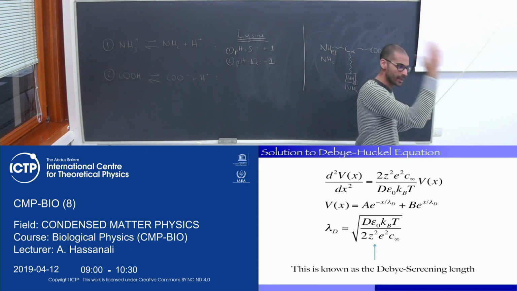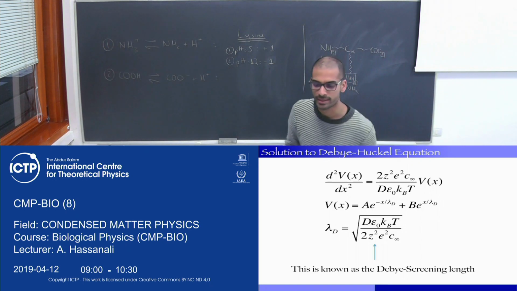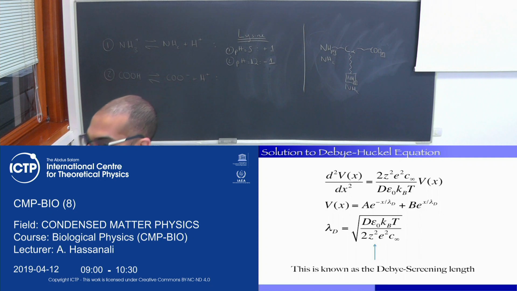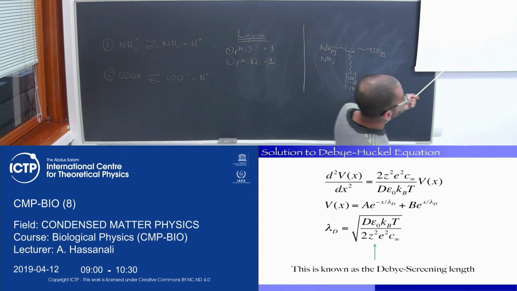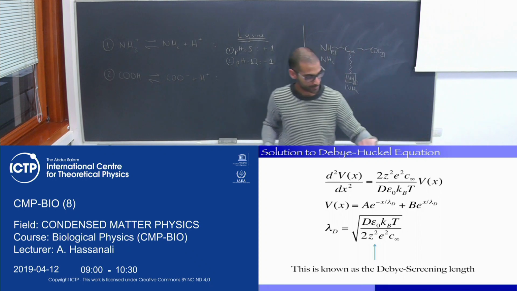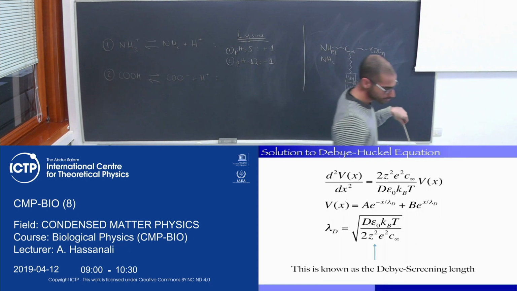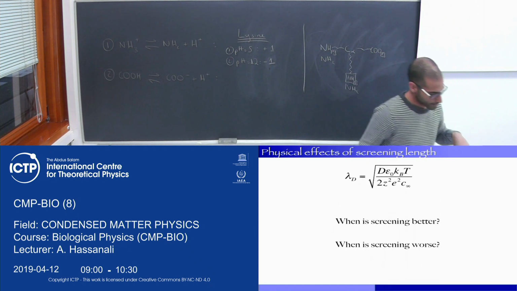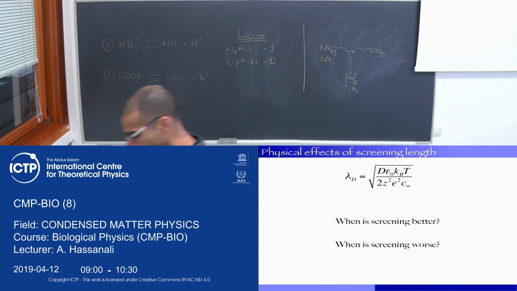But now I have an extended charged interface, I have counter ions, and I have some way of understanding how the screening is affected by the dielectric medium, temperature, and the concentration of ions. Okay, so is this clear?